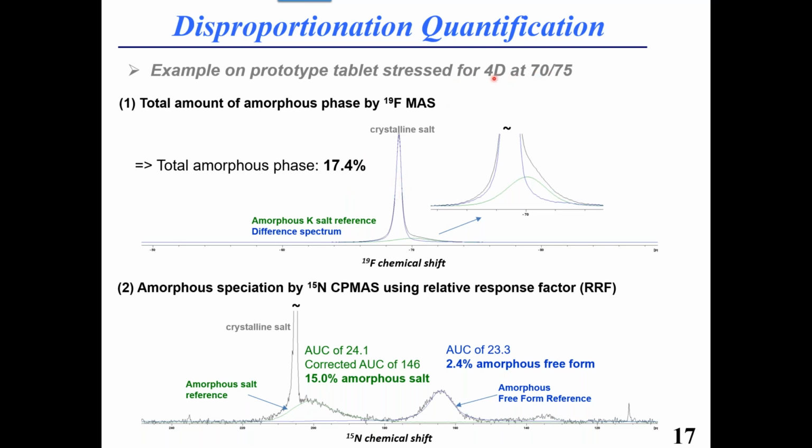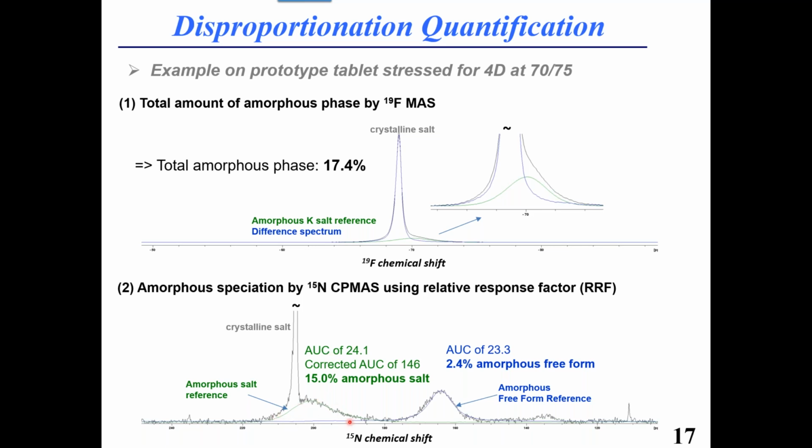So on this particular example of the sample stress for 4 days at 70, 75, we found about 17% of amorphous phase, and then used nitrogen CPMAS on this labeled sample to basically proportionate the 17% between the two phases.